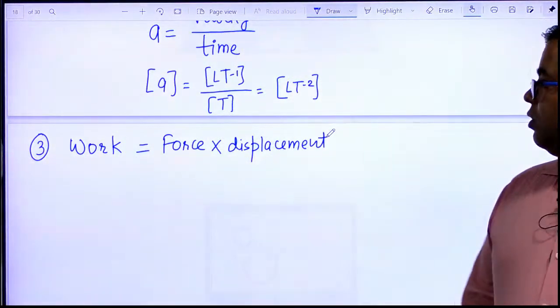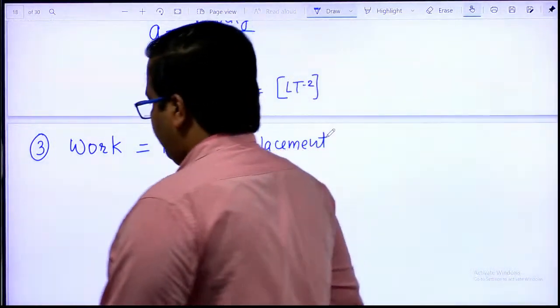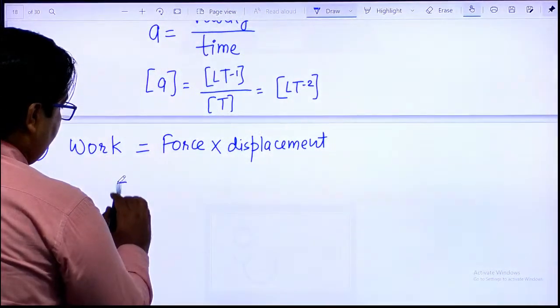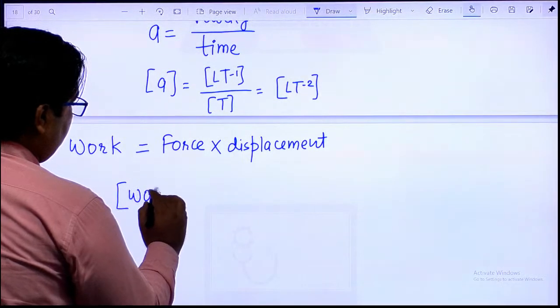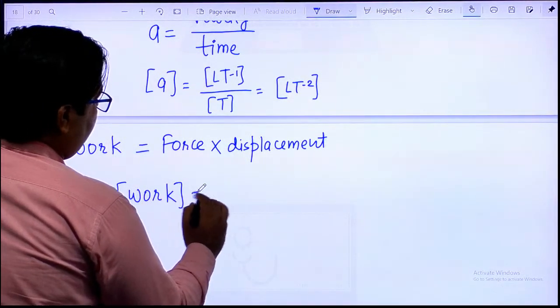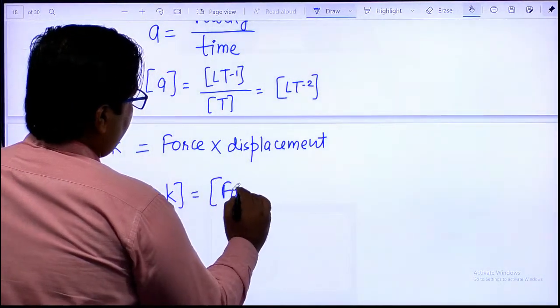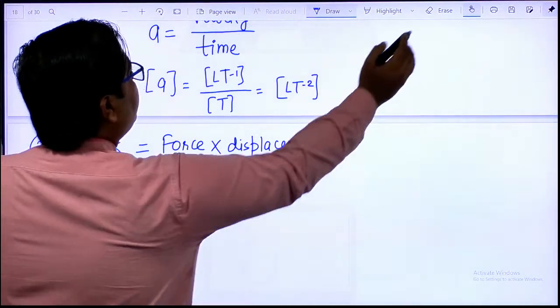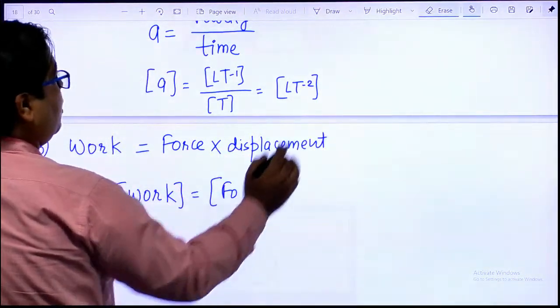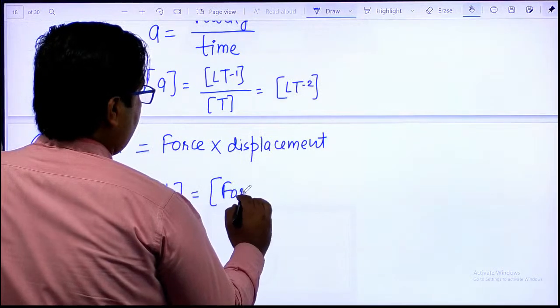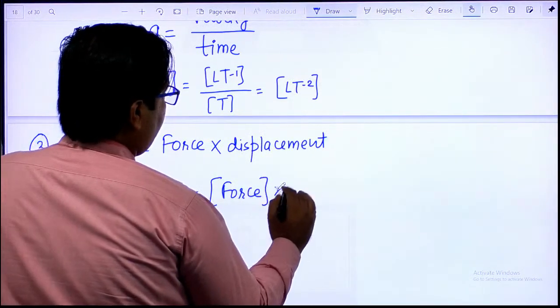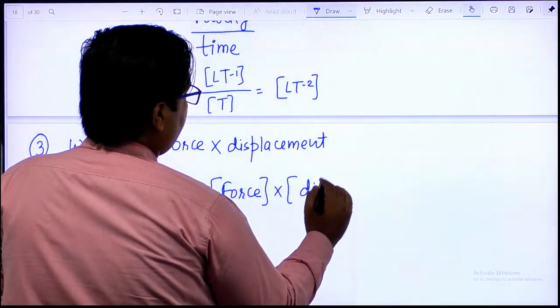So the dimension of work can be written as the dimension of force into the dimension of displacement.